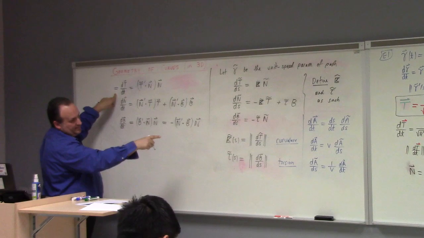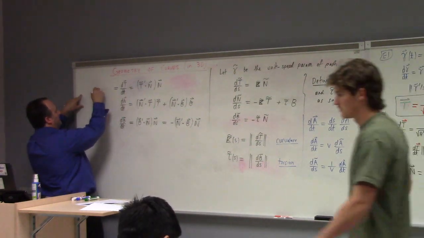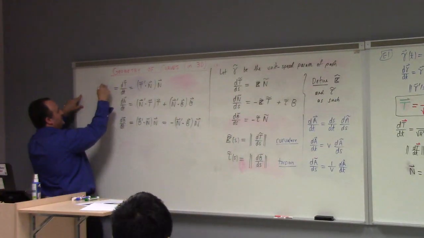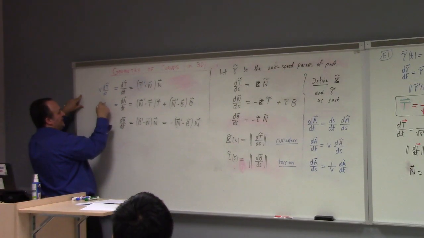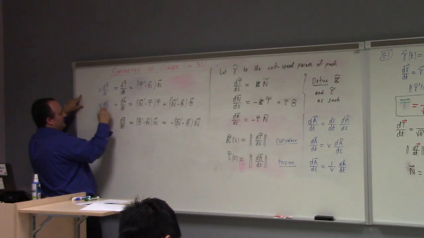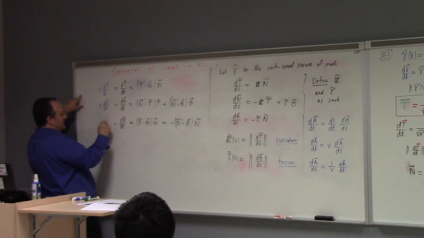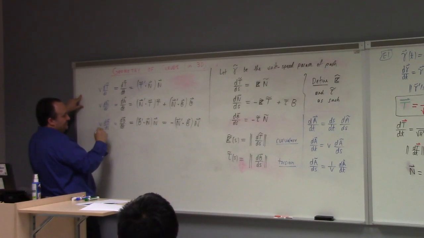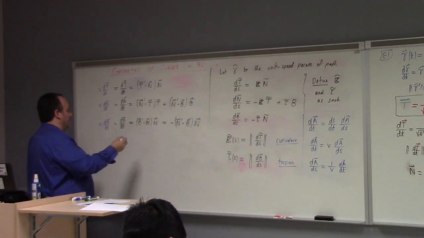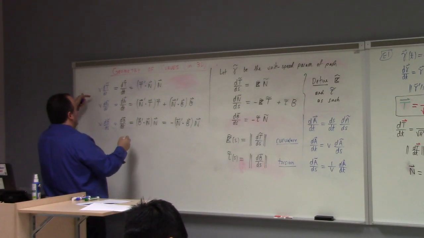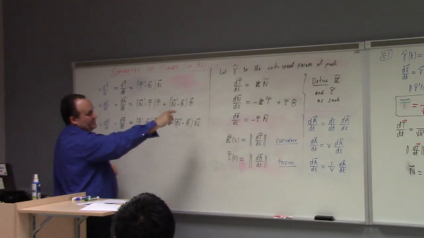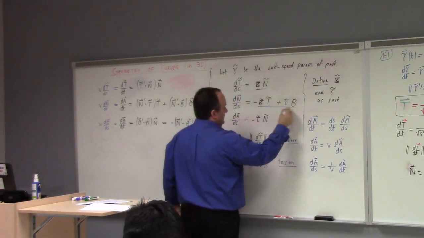I get v, the speed, times dt tilde ds. This is the speed times dn tilde ds. This is v times db tilde ds. And from this, you can see that on the flip side, these are equal to this here, and this here, and this here.